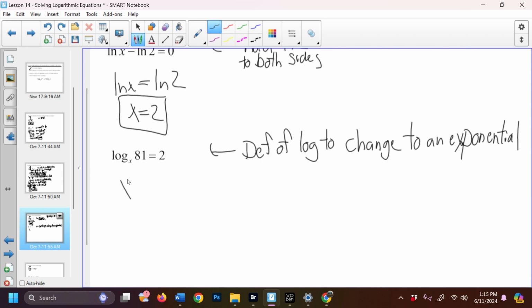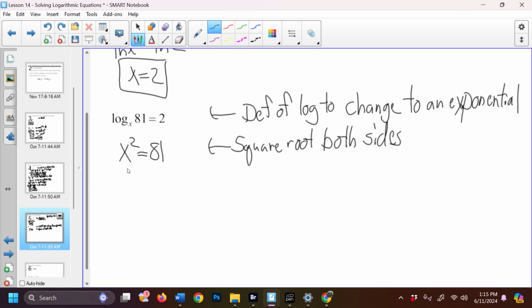And that will give me x squared is equal to 81. Here I'll just take the square root of both sides. Now normally when you take the square root, you add plus or minus to it. Now that'll give me x is equal to plus or minus 9.